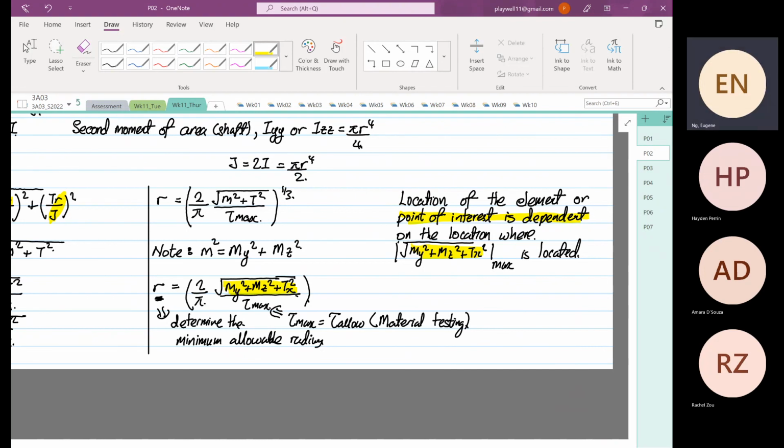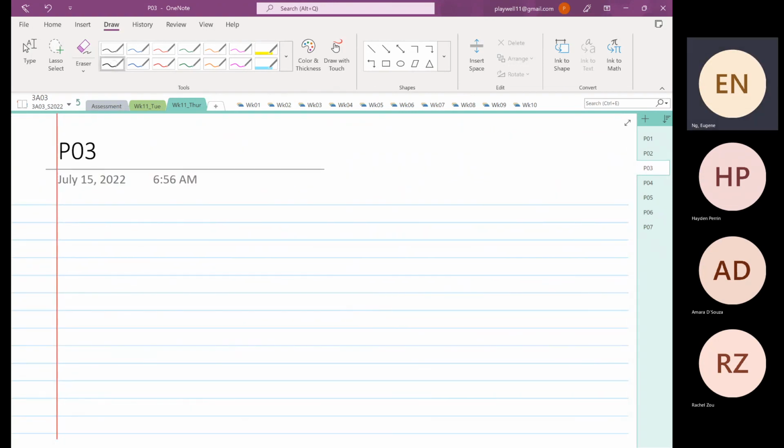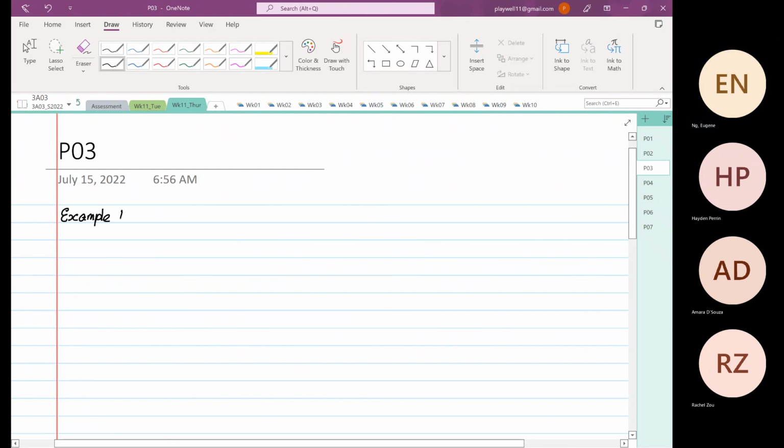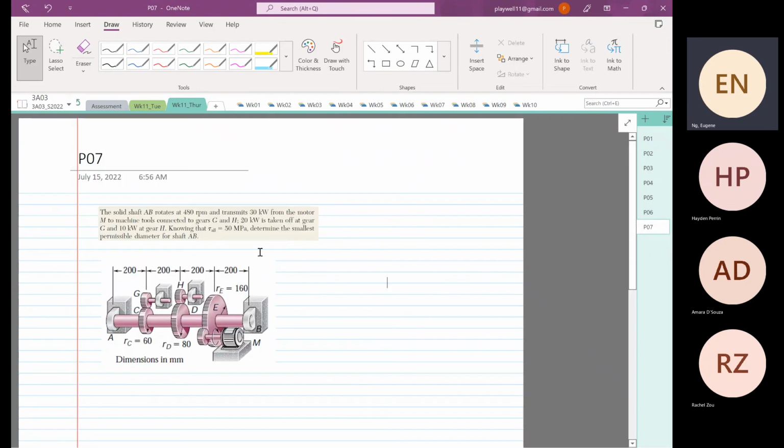Okay, so now let me introduce. I think that is enough theory for the day. Okay, we are going to look into the shaft design now. So this is our example number 1. Let's briefly look at the question first before we go for a break. I posted this example on Avenue to Learn.